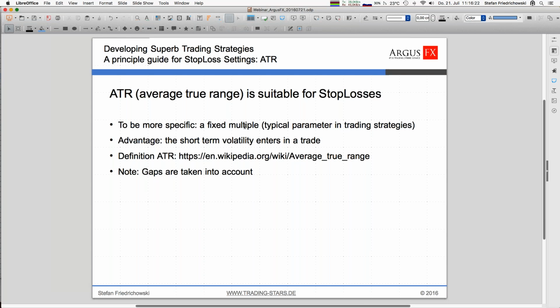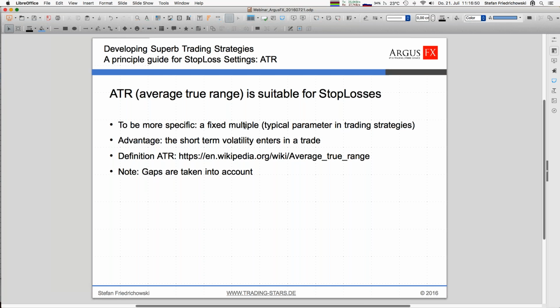So I don't use an absolute number of bips. I don't use an absolute percentage value. What I use is a multiplier on that ATR, and that enters into my trading strategies and is one degree of freedom, that multiplier, when we finally come to real trading strategies.